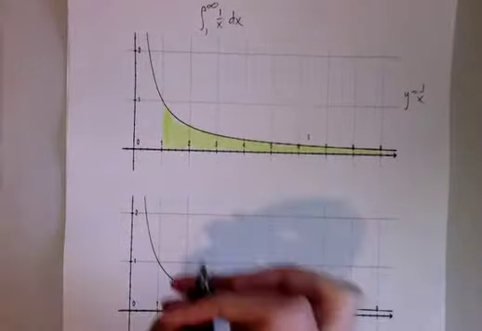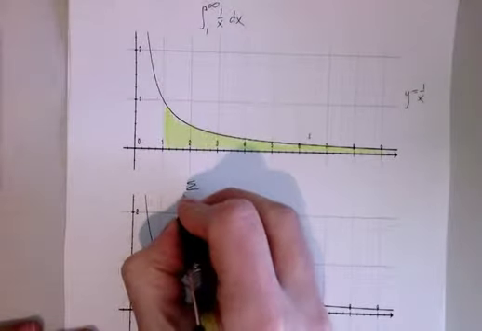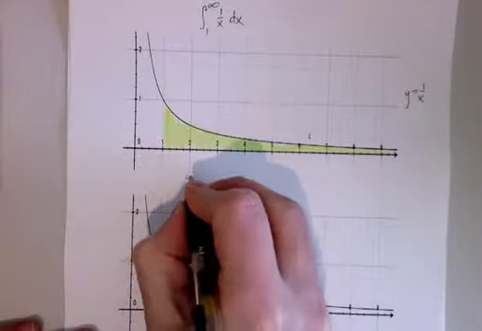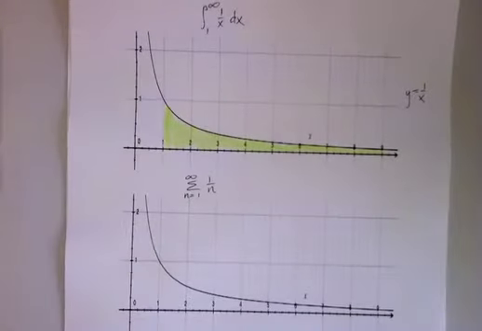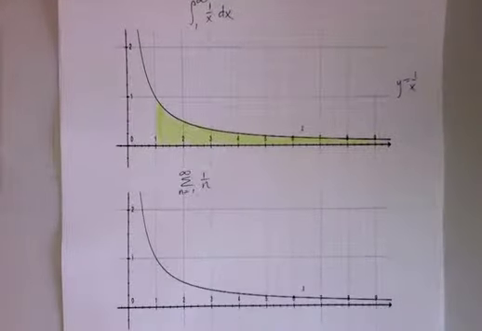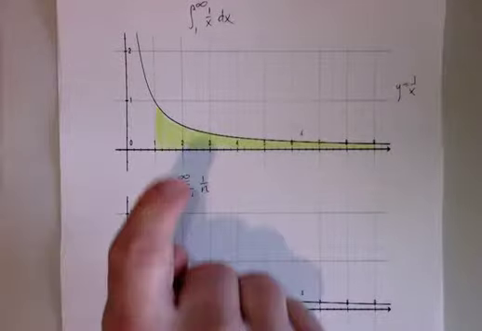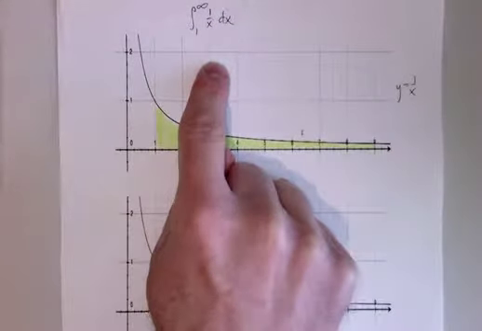So when we're dealing with the sum from n is equal to 1 to infinity of 1 over n, here's the thing. What this winds up being is basically the Riemann sum for that improper integral. Okay?